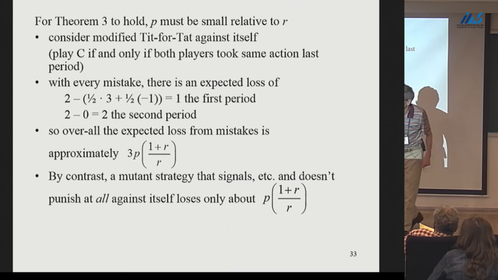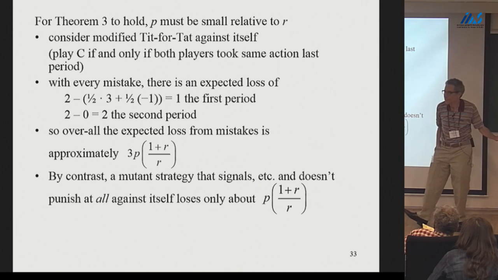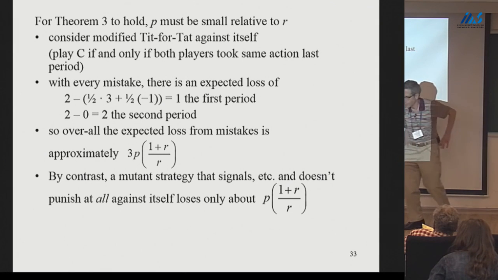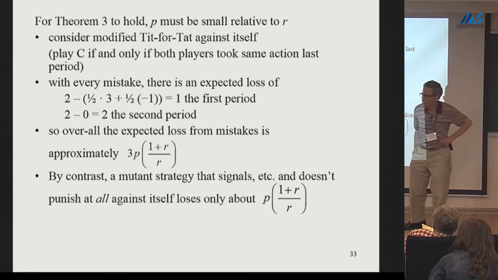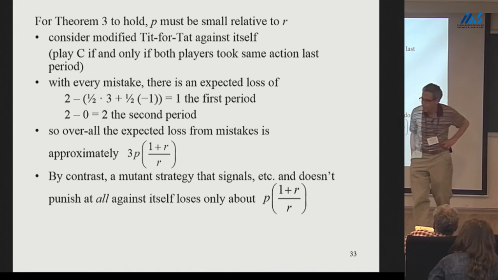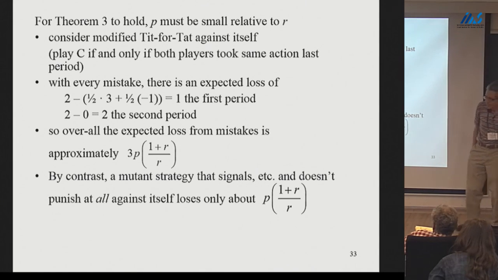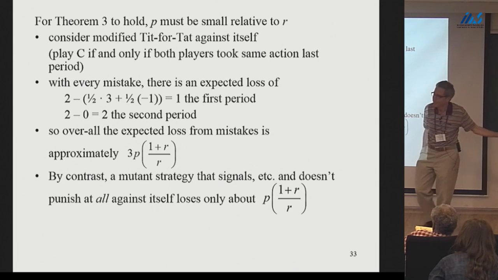P having P small means there is enough time to get the rewards of the strategy against itself. If P is too large, then mistakes and discount are the same. So there are not enough periods where you get rewards to accumulate. Exactly. And the small P says that until the next mistake, there is such a long time that you accumulate something that makes it better.